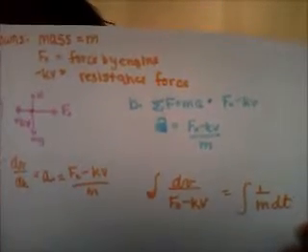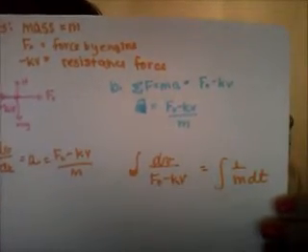So we can do separable integrals and divide out on both sides, and we'll get that the integral of dv divided by F initial minus kv is equal to the integral of 1 over m dt. So this is where we are right now in the integration.